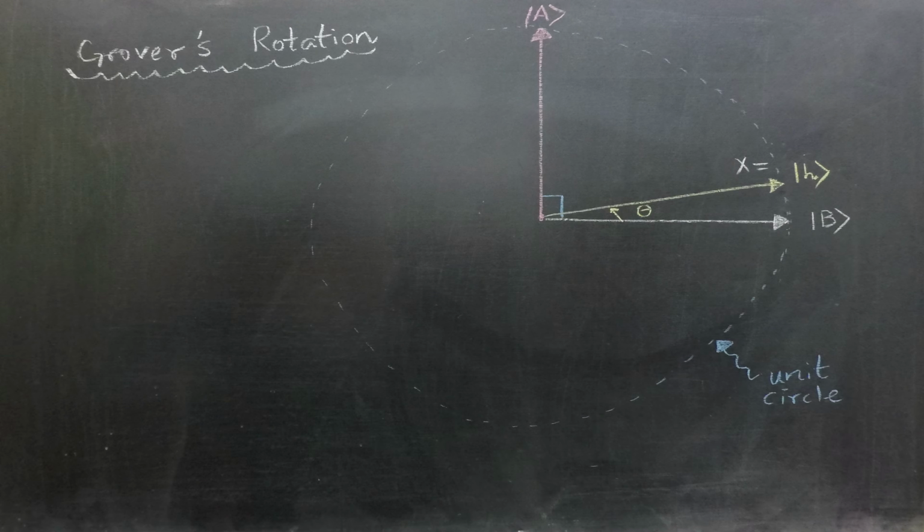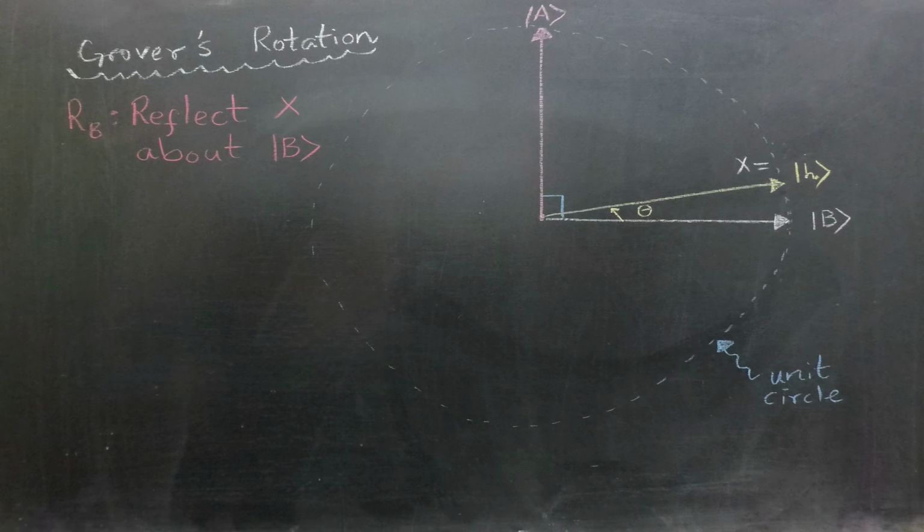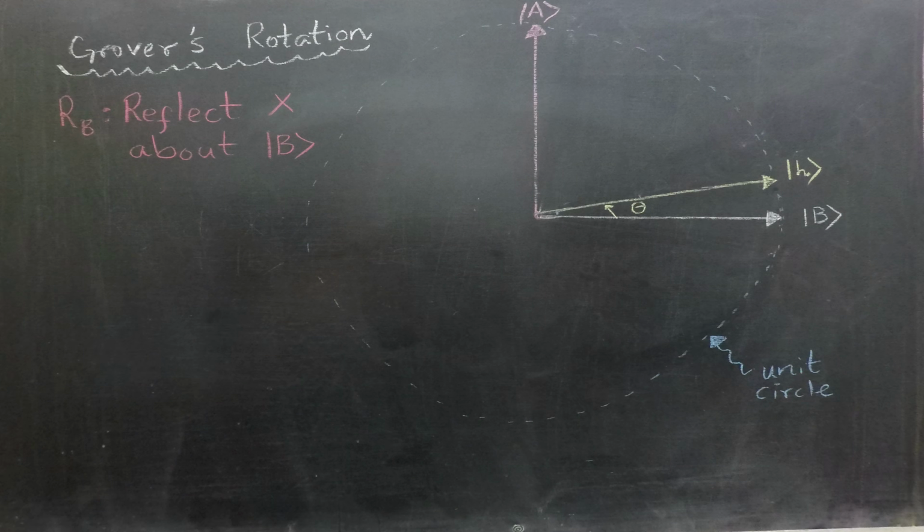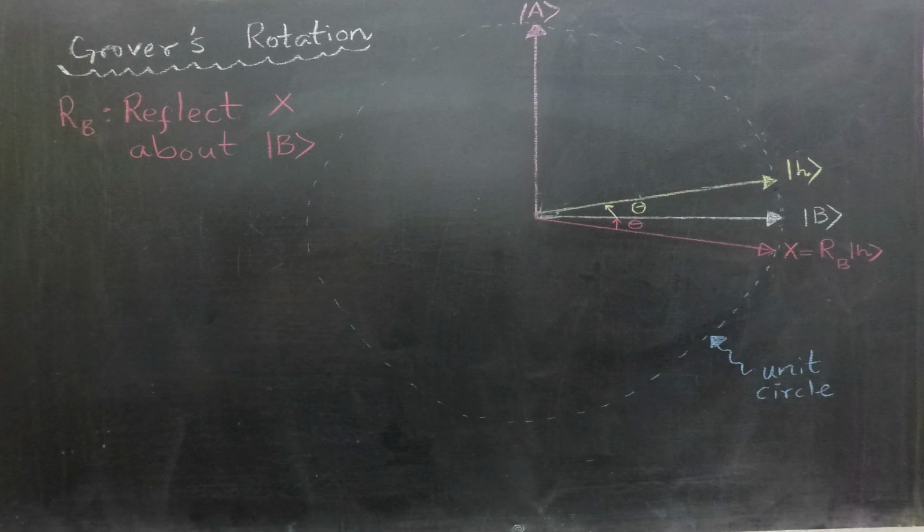A Grover rotation consists of two steps. Firstly, we do reflection about ket B. Let's call it R sub B. Reflection produces a mirror image of register X where the mirror is placed on ket B. The red vector represents this reflection. The register X now holds this reflected vector.